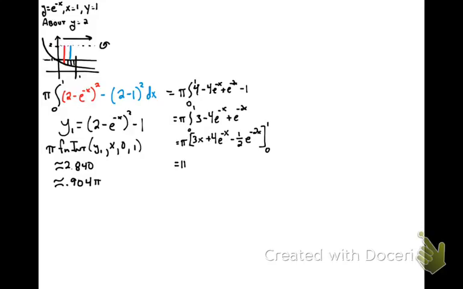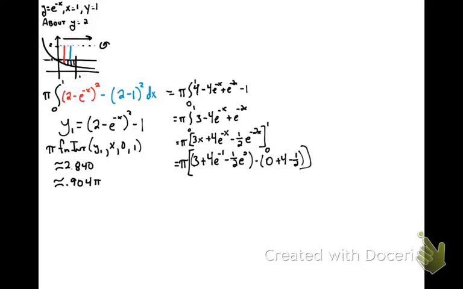This will equal pi, and when we substitute in 1, what we will have is 3 plus 4e to the negative 1, and I think this part's a typo in the book, minus 1/2 e squared. Now we'll substitute in 0, minus, it'll be 0 plus 4 minus 1/2.